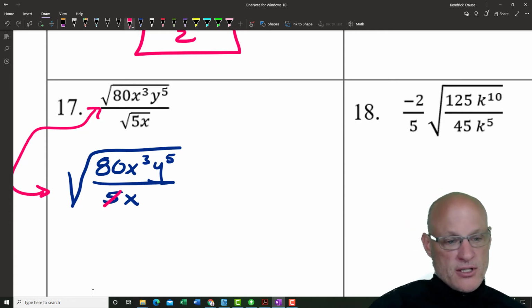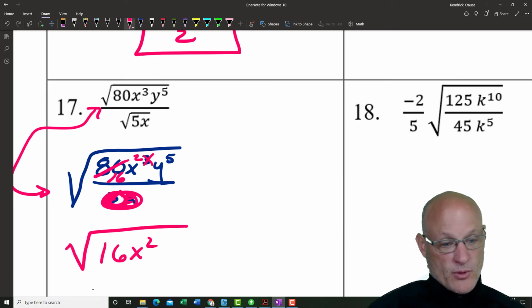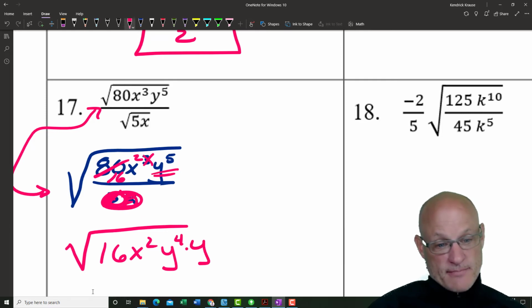Well, look at this. 5 goes into there 16 times. This 1x cancels with one of these and leaves me 2. So what I end up with is nothing in the denominator, so yay, no more fractions. But what I end up with is 16x squared. Now this is y to the 5th. Can I write that as y to the 4th times y?